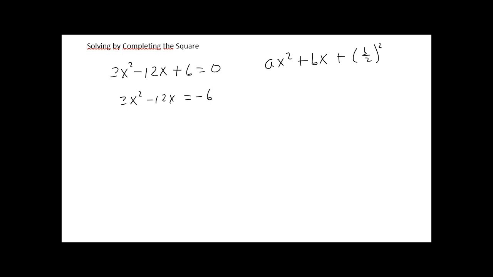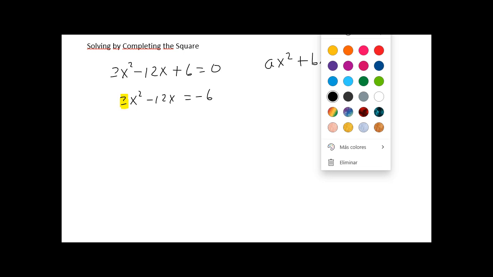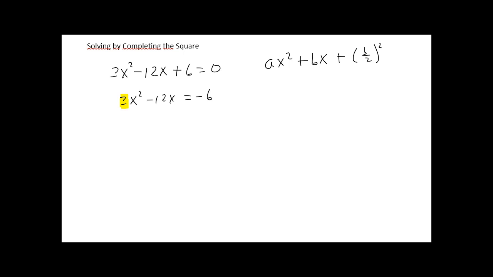Now we're going to complete the square, but before, this is an important thing, next to the x squared I need to have a number 1. Then how can I cancel this number 3, or how can I convert this 3 into 1? Well, one thing I can do is divide all my terms by 3. Why?